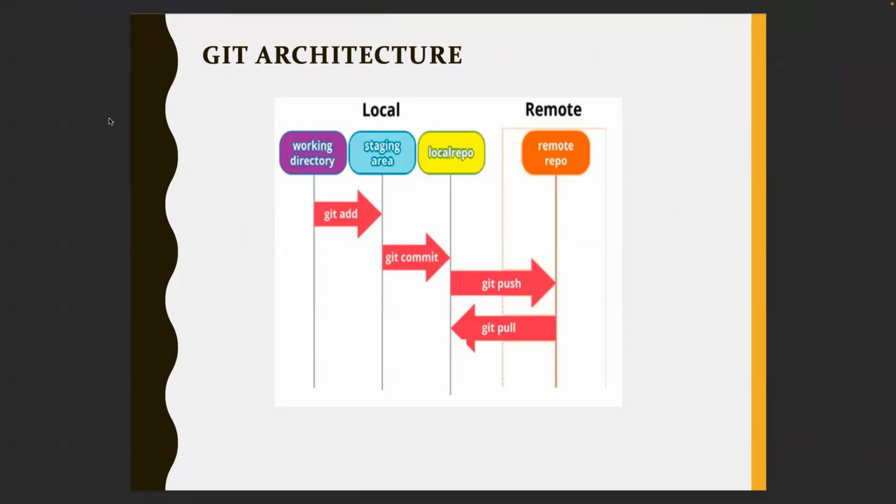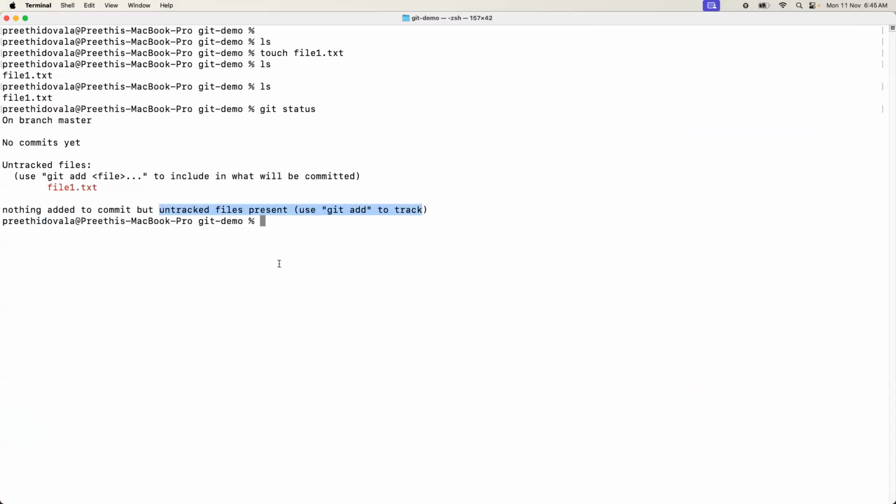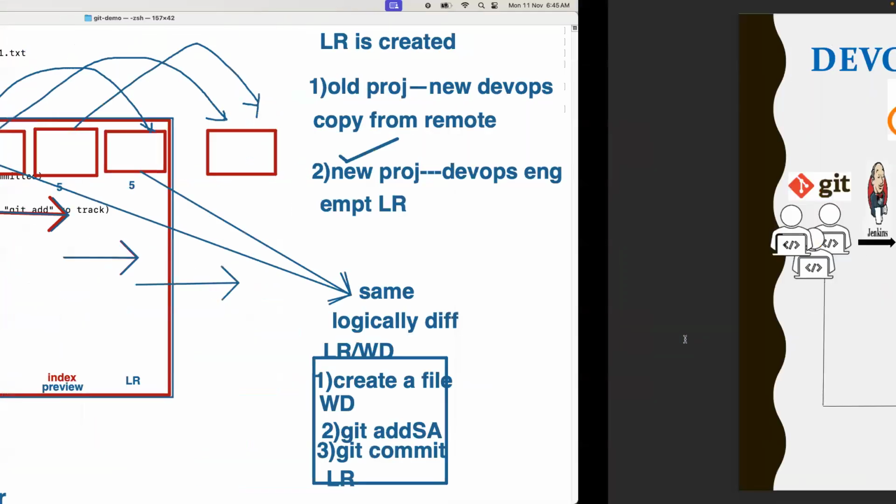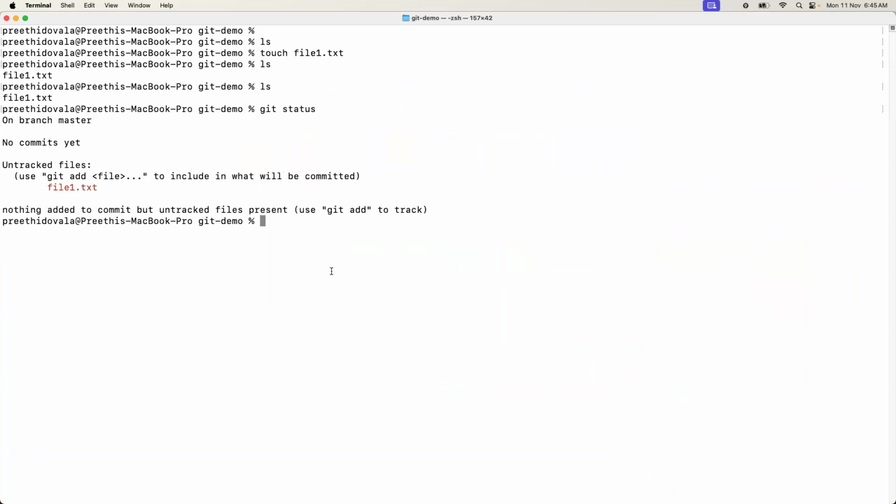Working directory. Because it is asking us to add the changes, right? It's asking us to add, means it is in the working directory. And that's what I was quoting some time back. I was talking about, like you just kept the file there, means it is said to be in the working directory, right? I just created a file. So it's in the working directory.